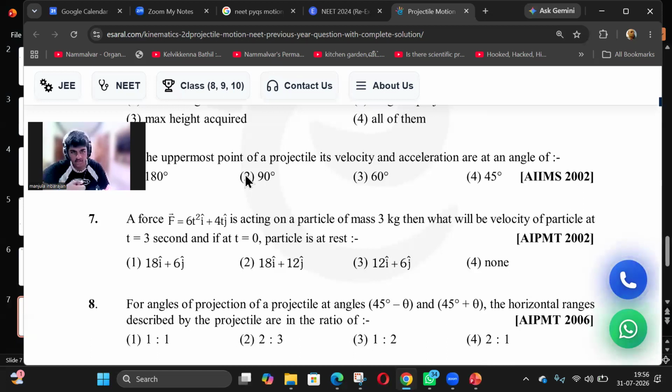Then they have given a function, so we have to do differentiation. You have to find v, right? Force equals ma, m into a, which is equal to m into v by t.